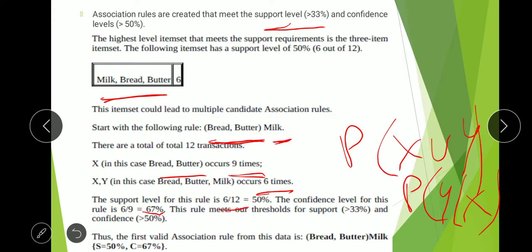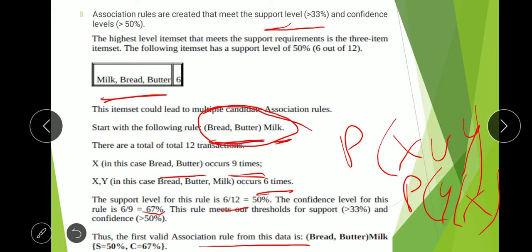Is it greater than 50%? Yes. Therefore, we can generate this rule: bread, butter implies milk. This is our first rule which satisfies both support level as well as confidence level. So, this is one of the useful and interesting rules. Thus, the first valid association rule can be represented like this: bread, comma, butter.